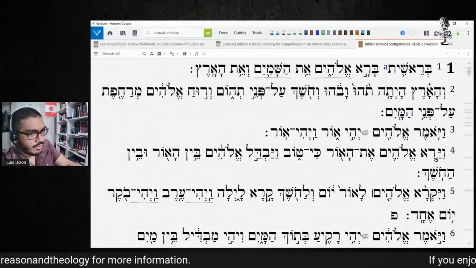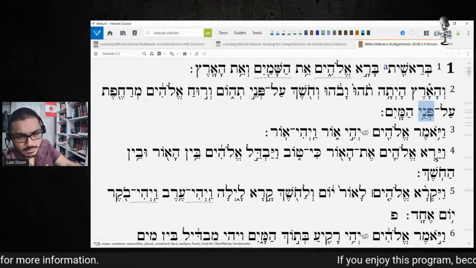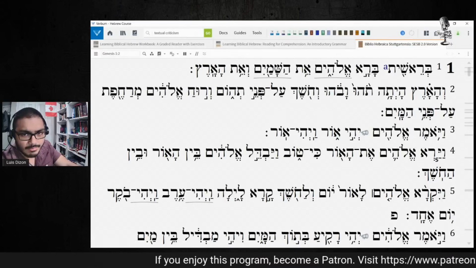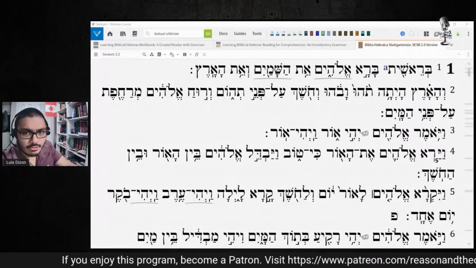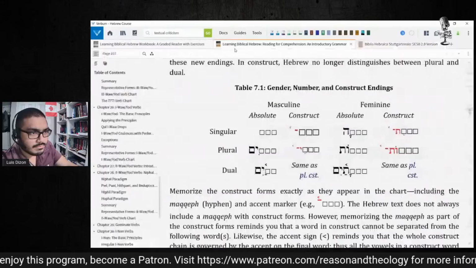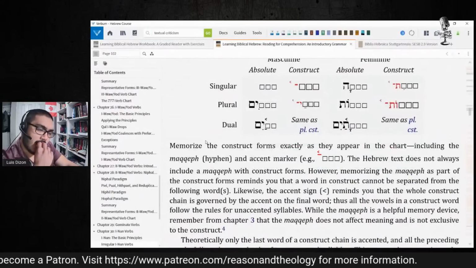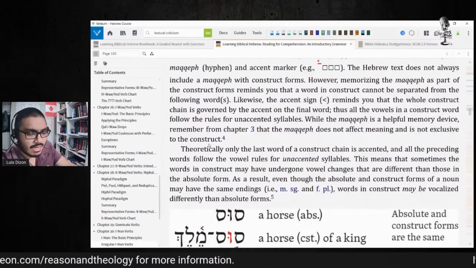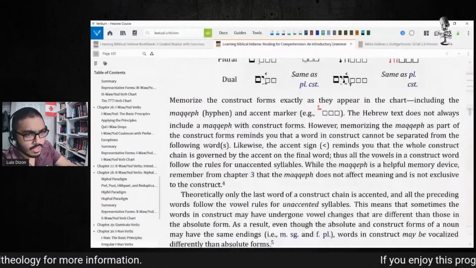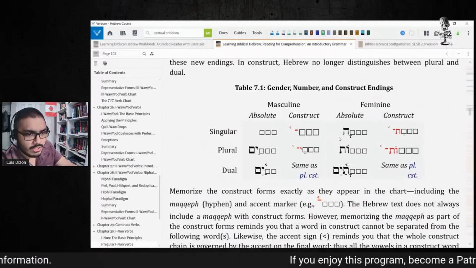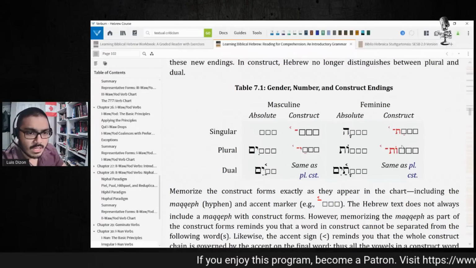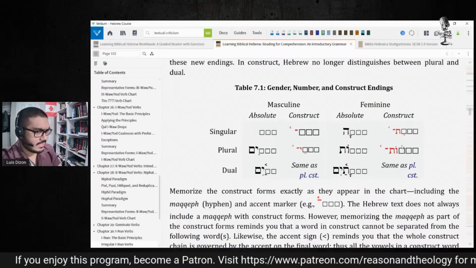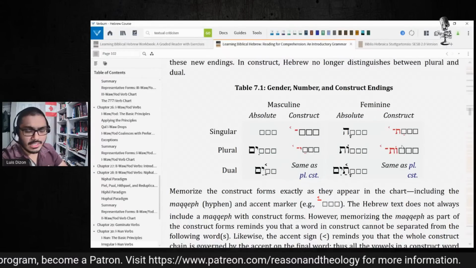This is a good place to show you how sometimes Hebrew will use plural forms where we might expect a singular form. Something to watch out for. And if you recall, I mentioned that vowel changes come into play here. When two nouns are in a construct form, then for vowel change purposes, they're treated as if they were one noun.